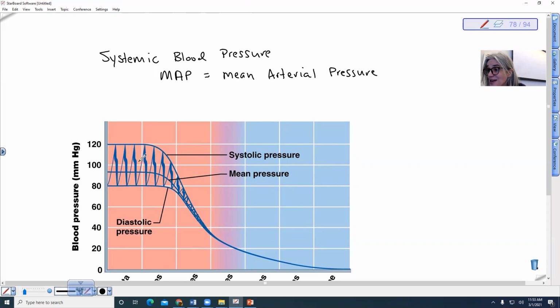Because it varies with the pulse, the contraction and relaxation of your ventricles, we need to be able to calculate mean arterial pressure. We can also talk about the pulse pressure.